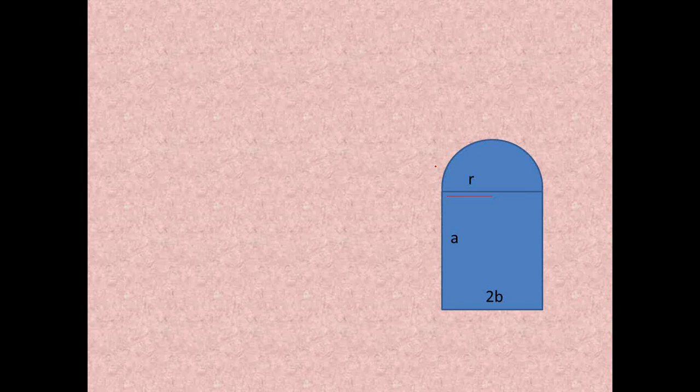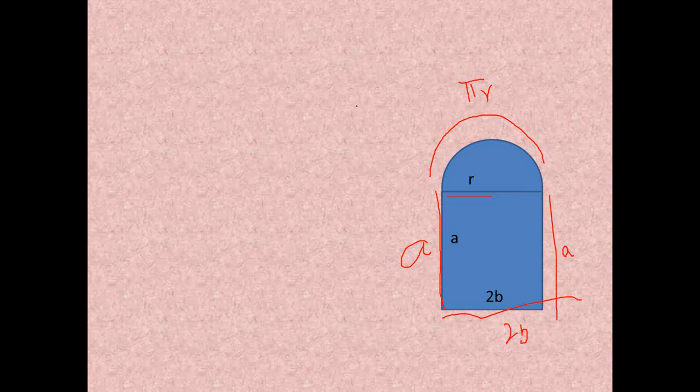This is a semicircle. So, the perimeter of a complete circle is 2 pi r. So, the perimeter of this is pi r. This is a, this whole length, plus 2b, and this is again a.